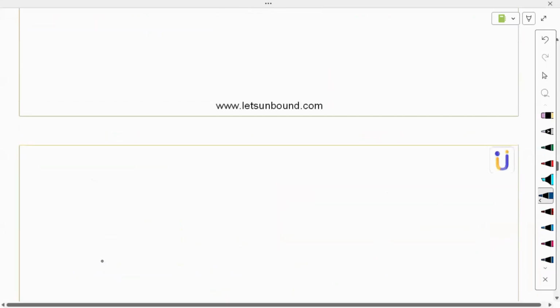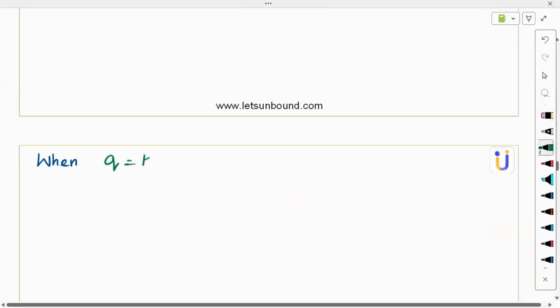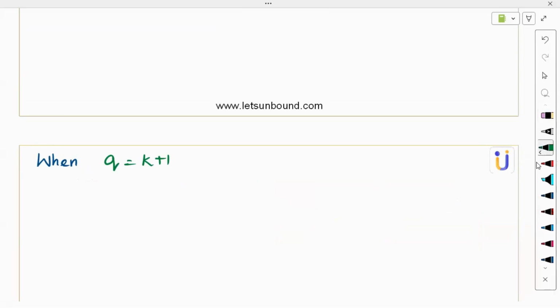Right. And moving to the next part, whenever like the 100th domino is falling, it should hit the next. If it hits the next, then the domino effect is complete, right? So when the case is q equal to k plus 1, I assumed the kth domino fell. Now we are taking the k plus 1th domino.